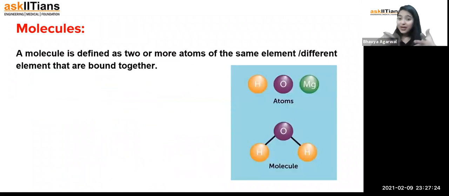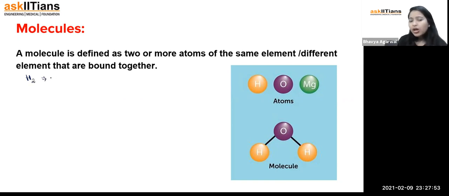Now we come to another thing, which is known as the molecule. The question is, what exactly is a molecule? Technically, a molecule is defined as 2 or more atoms of the same element or different elements which are bound together. Suppose you talk about hydrogen.